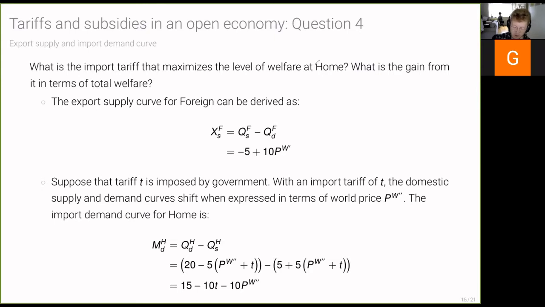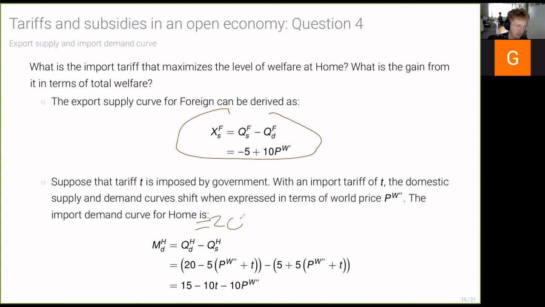So as before, if home applies a tariff, foreign's export supply isn't going to be affected. So all we want to mess around with is home's import demand curve. And so we're going to add a specific tariff of T. Now we're just letting T vary on both the price that domestic consumers and producers receive as before.